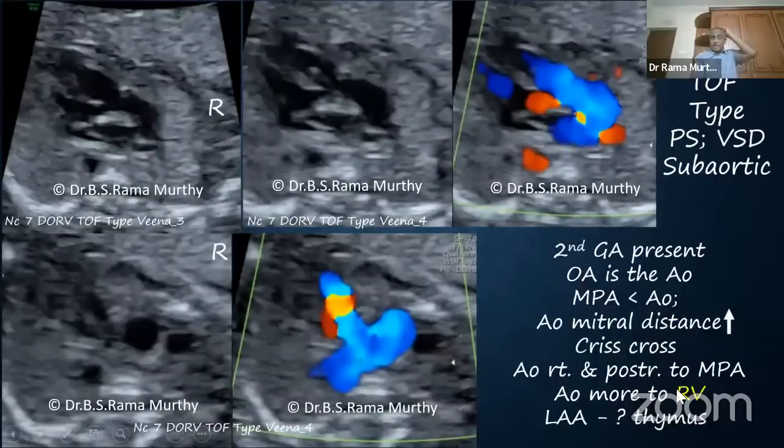Okay, now we've finished cracking the tetralogy of Fallot, absent pulmonary valve.